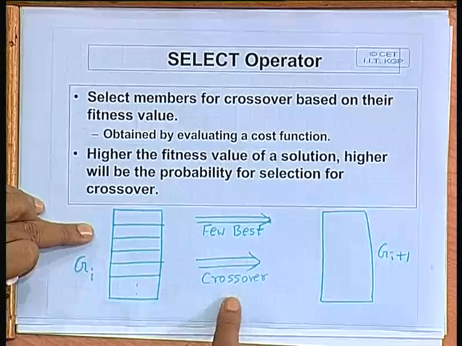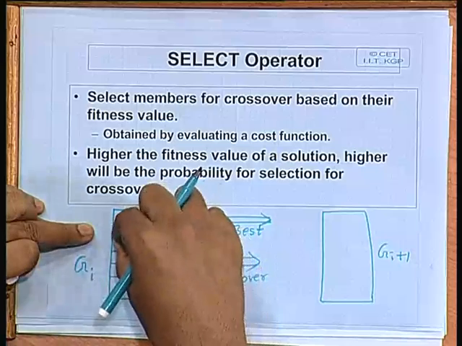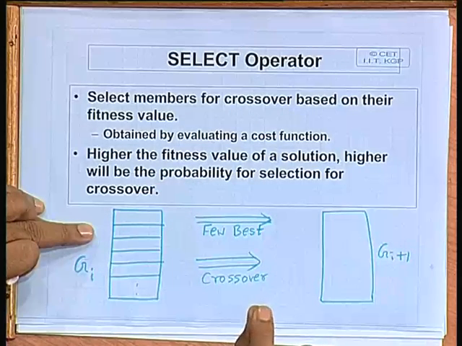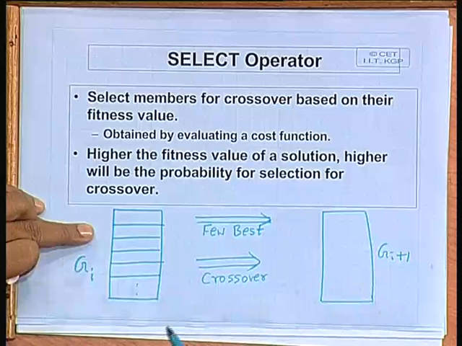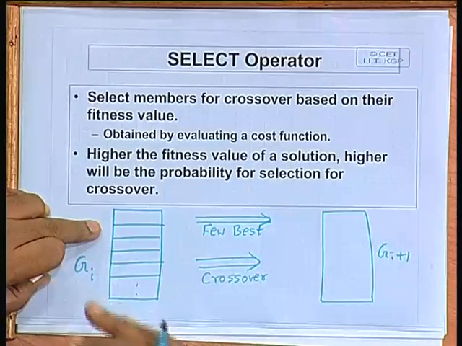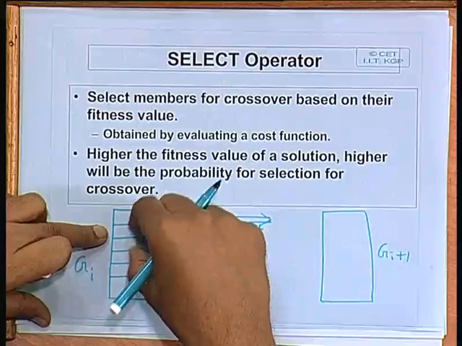The way crossover is applied is that you select two solutions at random, well, not really at random, their chance of being selected is directly proportional to their fitness value. Higher the fitness, greater is the chance of their selection. Using that kind of randomized way, you select two solutions.